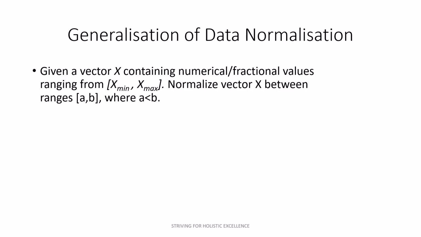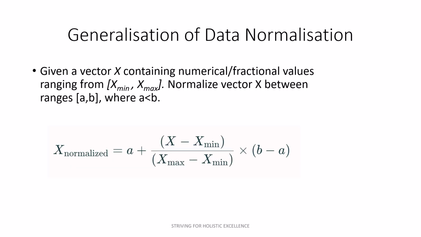Now normalize this vector x between the range A and B. Before it was 0 and 1, but right now we are making it more general, between A and B, where surely A is less than B. Let's see how we can do that. The normalized data would be equal to A plus (x minus x min) divided by (x max minus x min), times (B minus A).